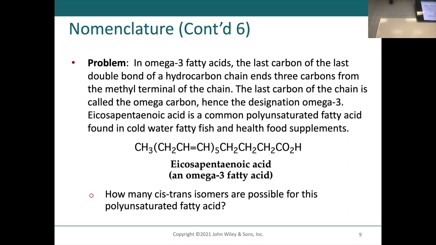That's right. So you've got 5 of them, and you have 2 options, so that would be 2 to the 5th. Is 2 to the 5th 64? What is 2 to the 5th? 32. Yeah, so you doubled it somehow. I don't know how you got to the doubling. But you can have 2 choices, either cis or trans, in each one of those.